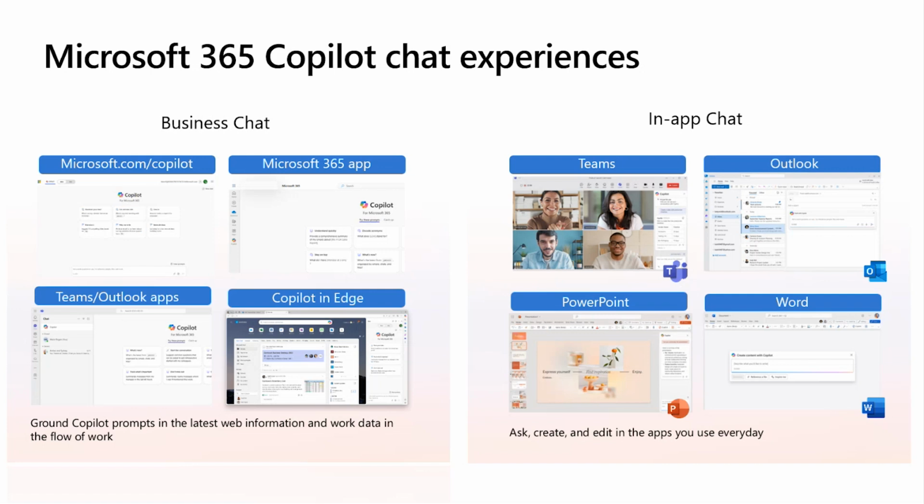So you can have it either on the web, or through different applications, through in-app chat, Teams, Outlook, PowerPoint. So for example, Microsoft 365 Copilot in Outlook can help you write an email, or in Teams, it can provide you with tips during your meeting.